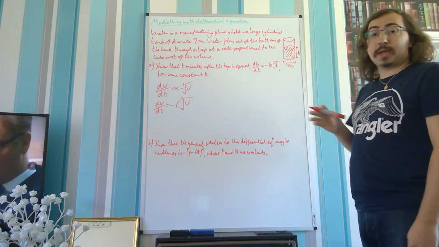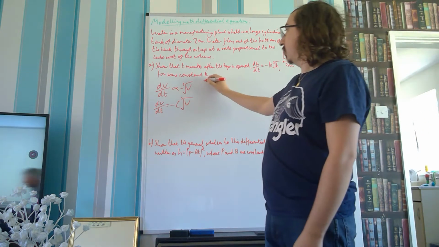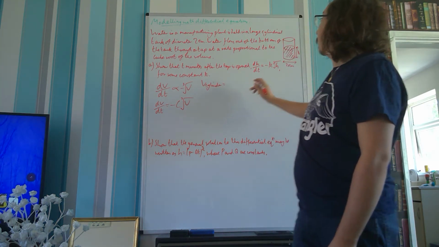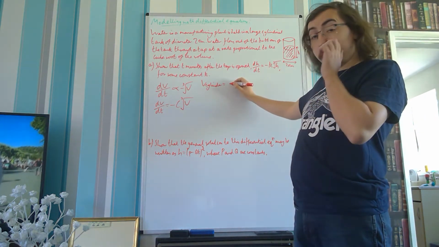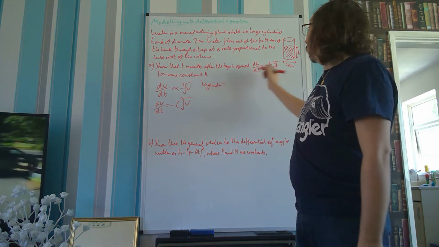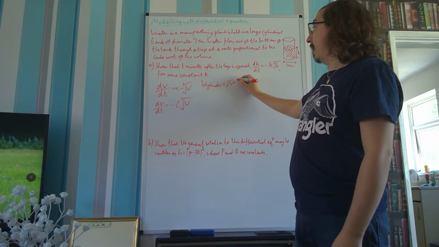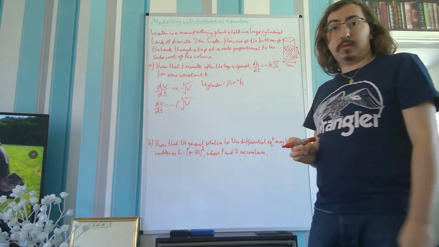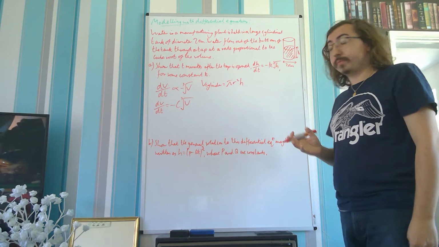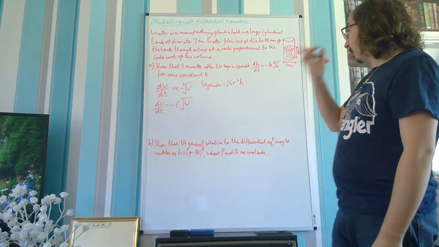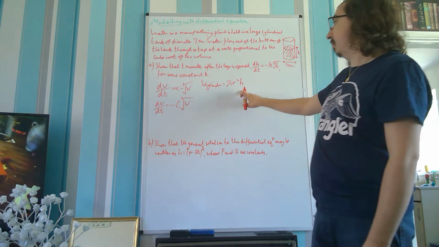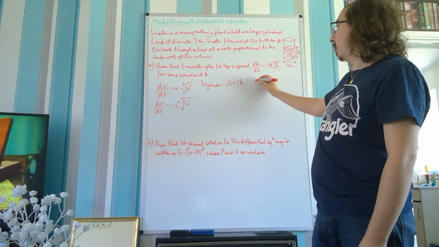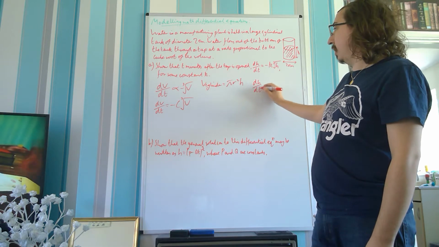Now, because the tank is cylindrical, you should be familiar with the volume of a cylinder, which is the area of the circle, because that's the upper or bottom surface, pi r squared, times the height. So that is for our volume. Well, what we can say is we're going to need to get an expression for dh by dt.